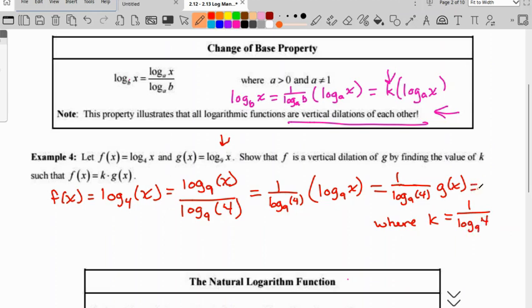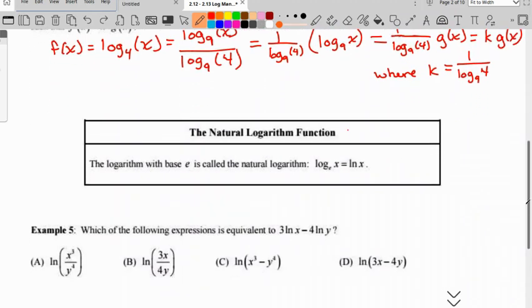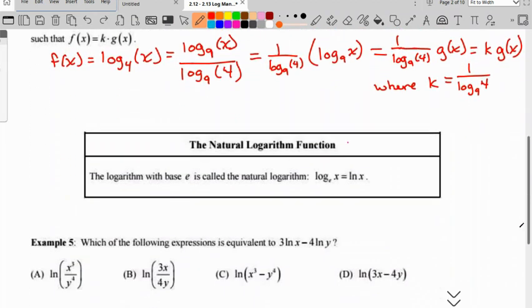So you could rewrite that as k times g of x, because that's just a constant. So using those properties, we did it with letters here in pink, and then we did it with numbers there in red. So the same process.